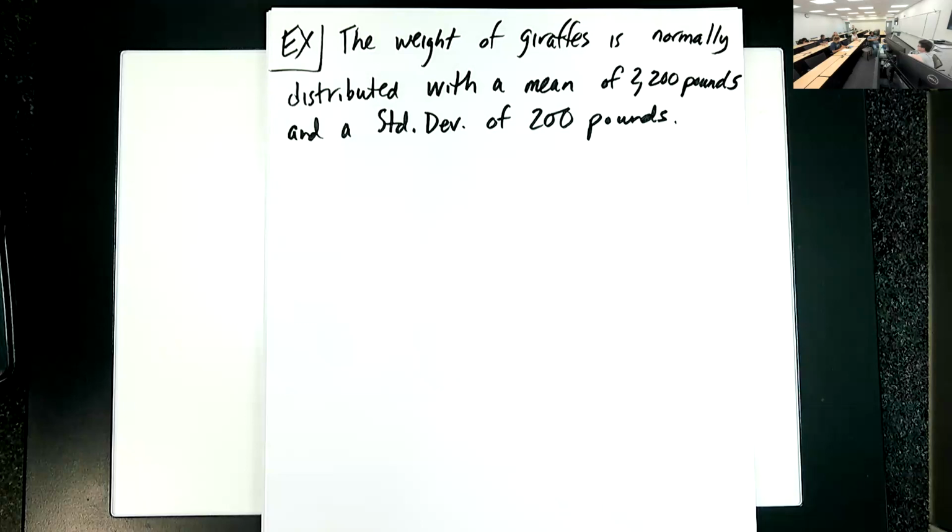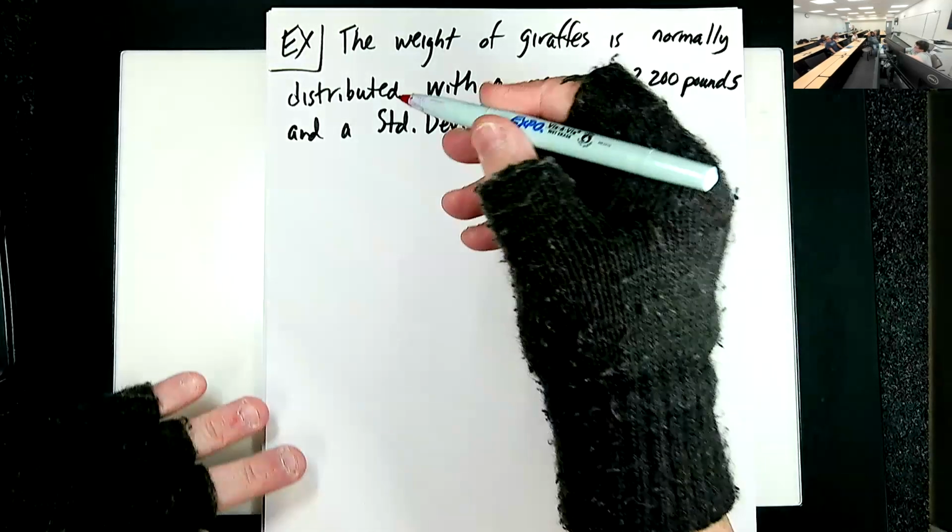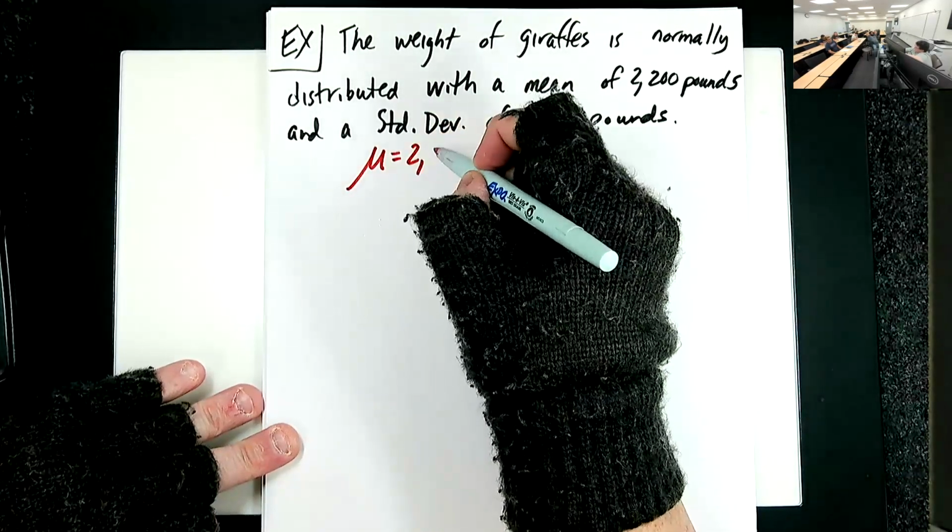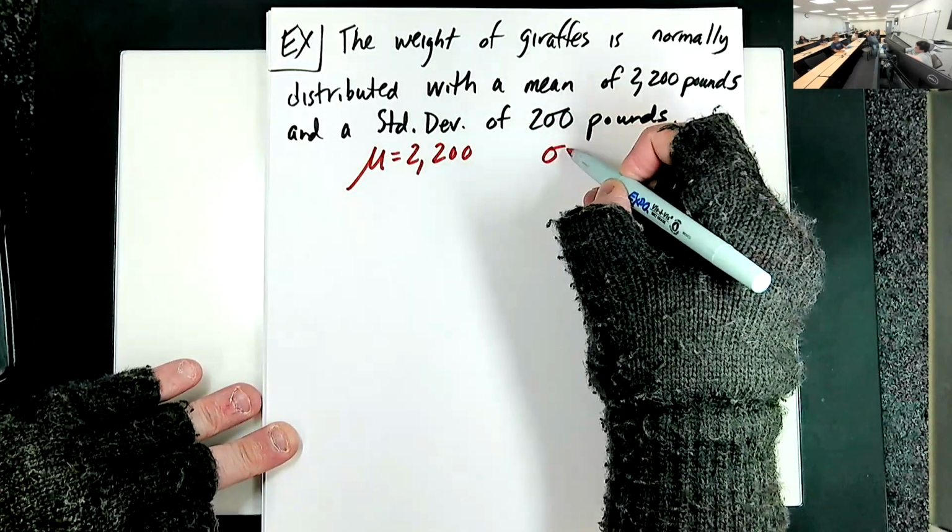It's 2,200 pounds, right? 2,200 and then 200. So mean is 2,200. Standard deviation is 200.